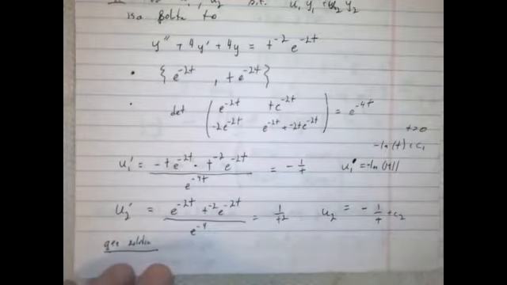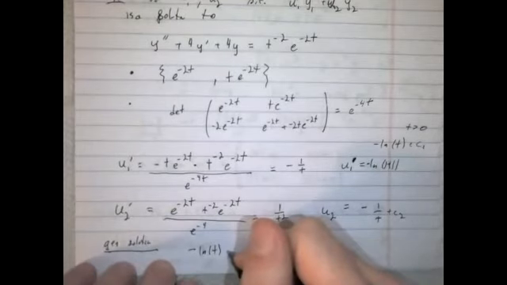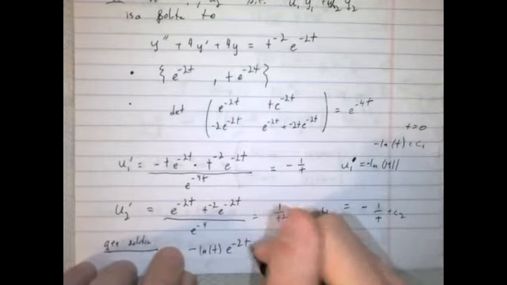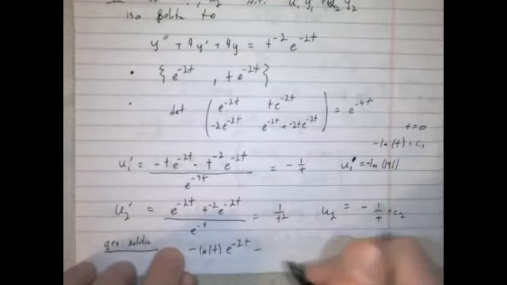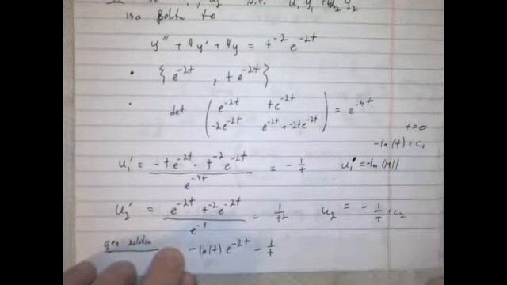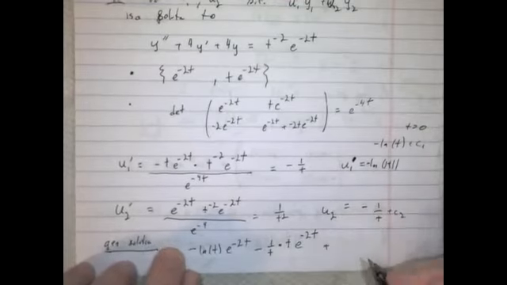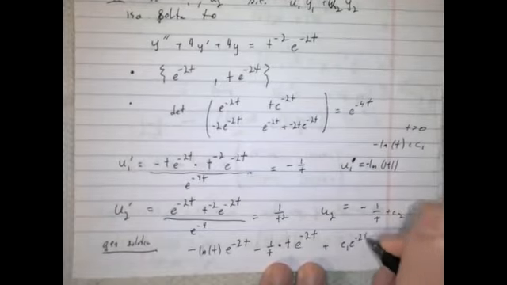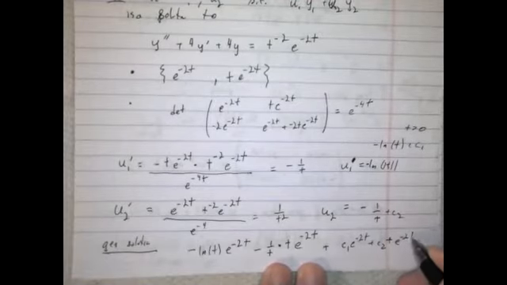General solution will be negative natural log of t times whatever my first solution was, e to the negative 2t, minus 1 over t times t e to the negative 2t, plus, and now I do the general solution for the homogeneous piece, c1 e to the negative 2t plus c2 t e to the negative 2t.